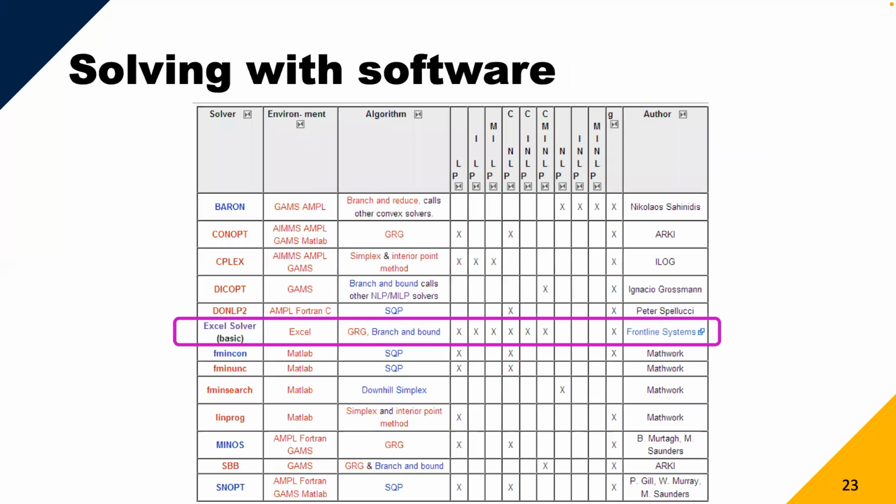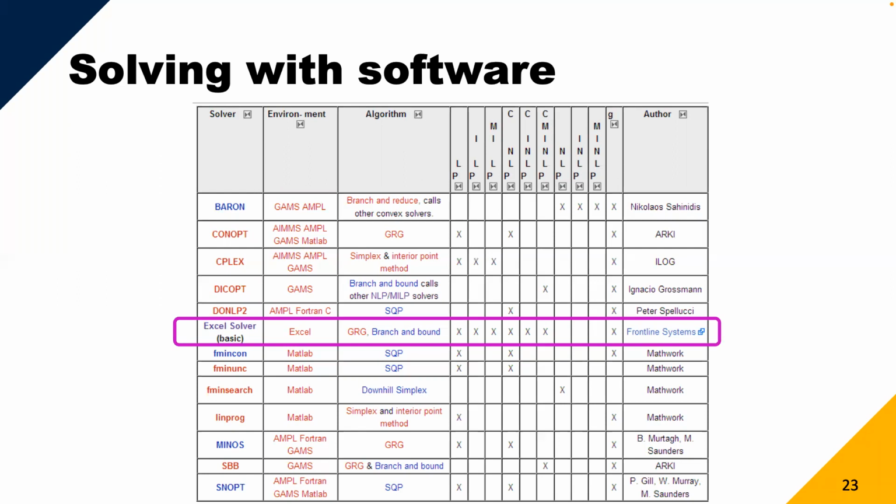So when you use an optimization solver, it's oftentimes a good idea to have some knowledge about the type of solver that's being used.